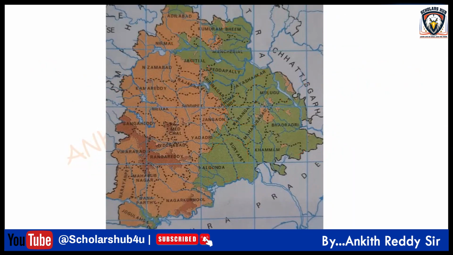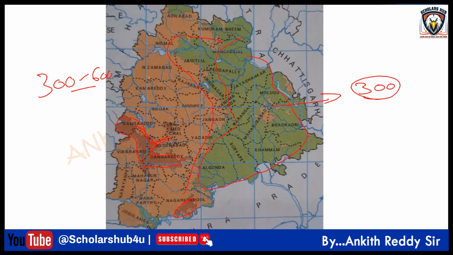What you have covered, the regions which are above 600 meters, Rangareddy, Sangareddy, Medchal, and the Amrabad region of Nagarkurnool. And western Telangana is completely the region which is around 300 to 600 meters. And the eastern region, Adilabad district, Warangal, Karimnagar, Nalgonda, these districts are below 300 meters. So that's why the rivers flow from west to east here, because the slope is towards the east.